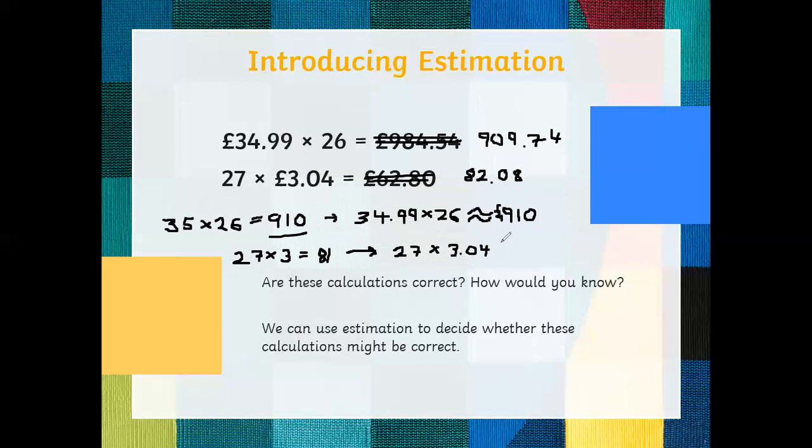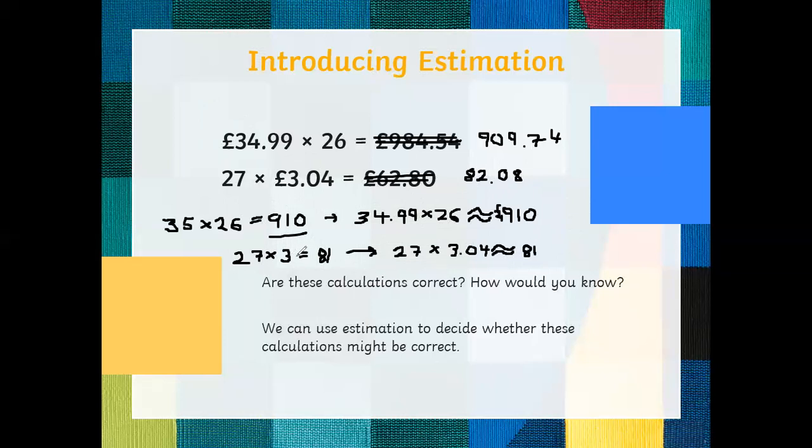And all of them will be pounds because we are multiplying by pounds here, so don't forget the unit. And then we're going to do the approximately equal to sign. So 27 times 3.04 is approximately equal to 81. And we can look, is that a good enough estimation? Yes, it is, because 82.08 is quite close to 81, so that is a good estimation there.